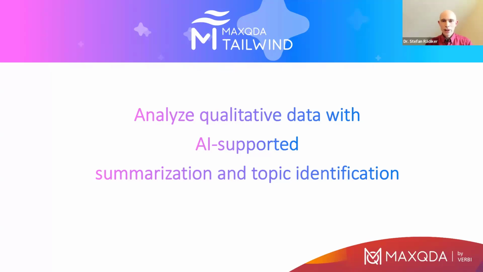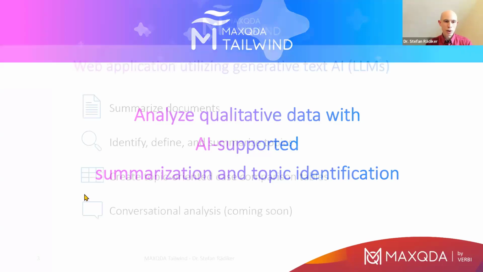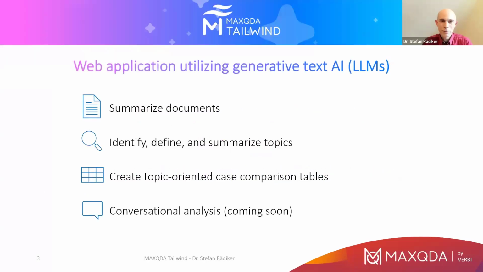MAXQDA Tailwind is an app that allows us to analyze qualitative data with AI-supported summarization and topic identification. Let's dive deeper here. It's a web application, as Tamara already mentioned, and it utilizes generative text AI in the form of large language models, and it allows us to perform different analytical approaches.